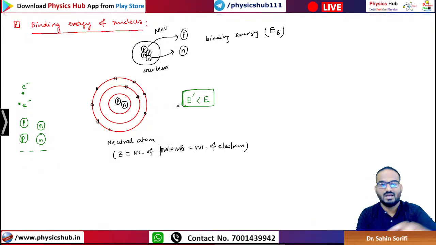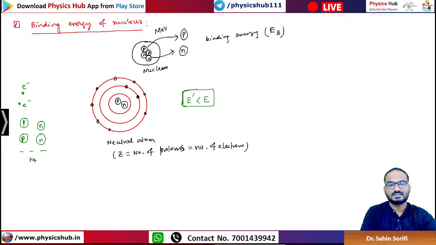If I talk about the mass, m prime will be a little less than m. So this missing mass is the source of the binding energy.